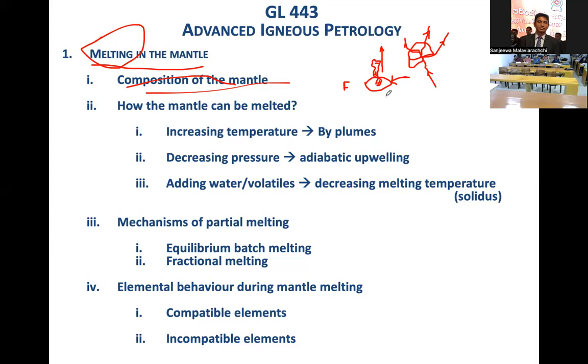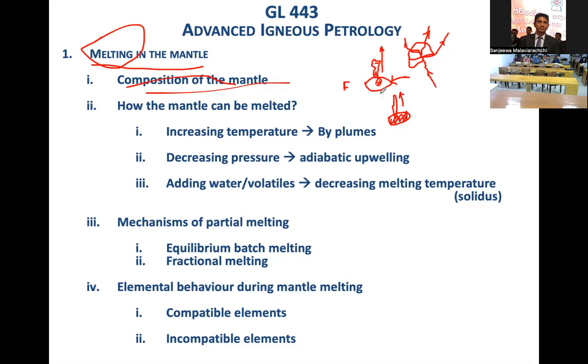Partial melting means you produce some kind of melt out of the melting reaction, and then you are left with a solid residue as well. So you have a solid residue here, and you have a melt escaped out from that.